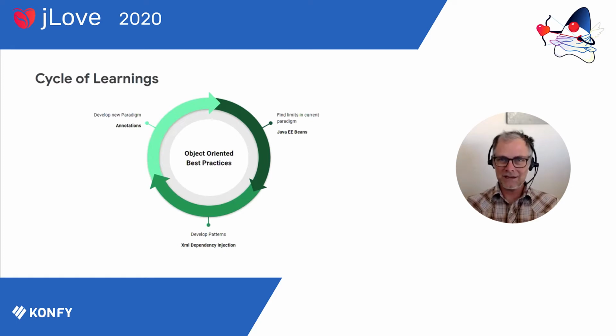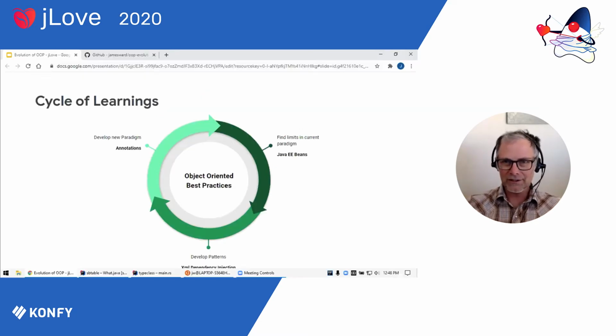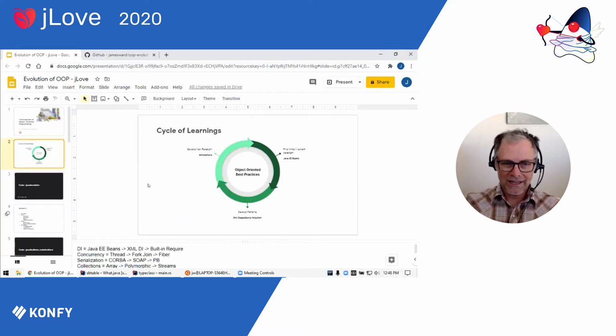With annotations and the support from the language, we were able to make this better. We can see these cycles happening in a lot of different places, and that's what I'm going to be going through. To illustrate this, I'm going to dive into some source code.